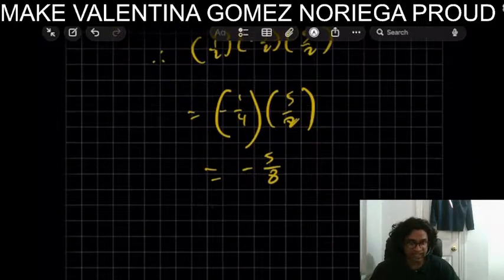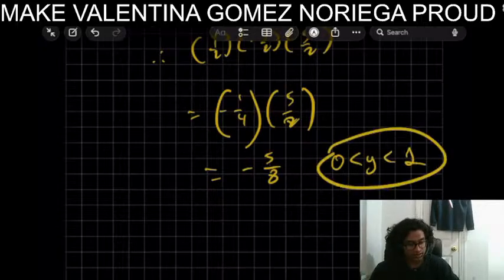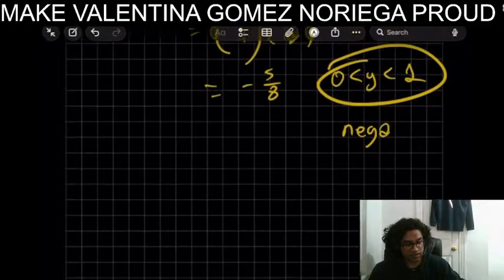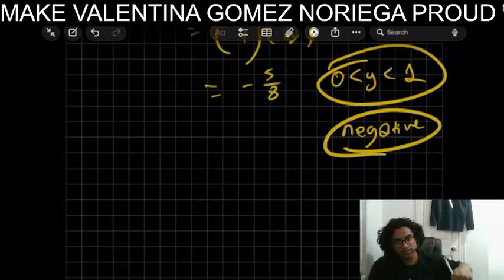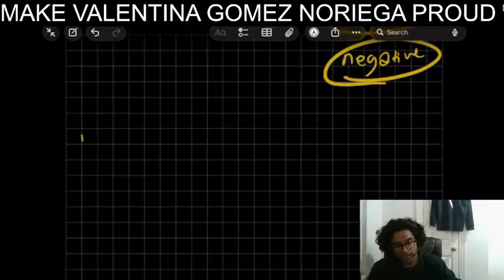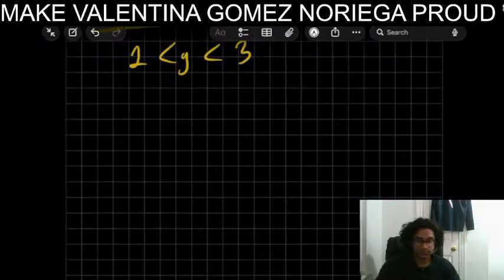So obviously it's a negative. So for 0 less than y less than 1, it is always a negative value, which means we're going to have the arrow pointing downwards.